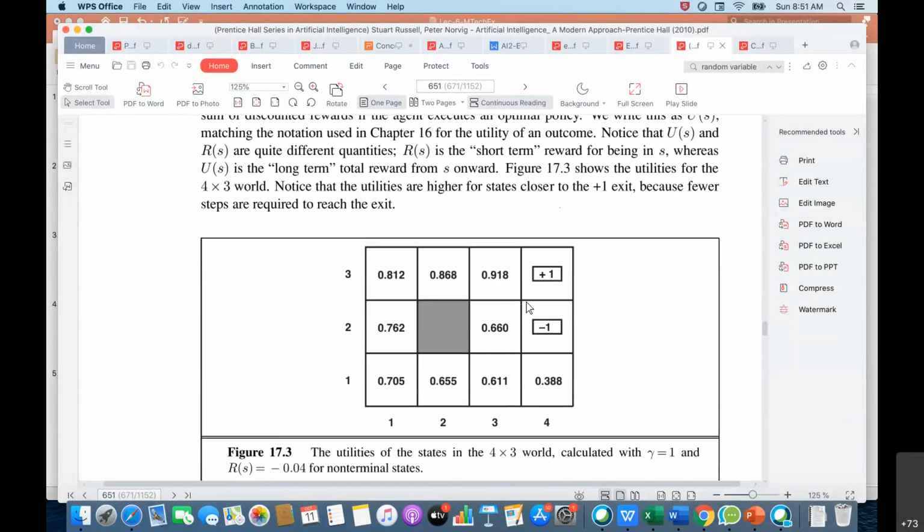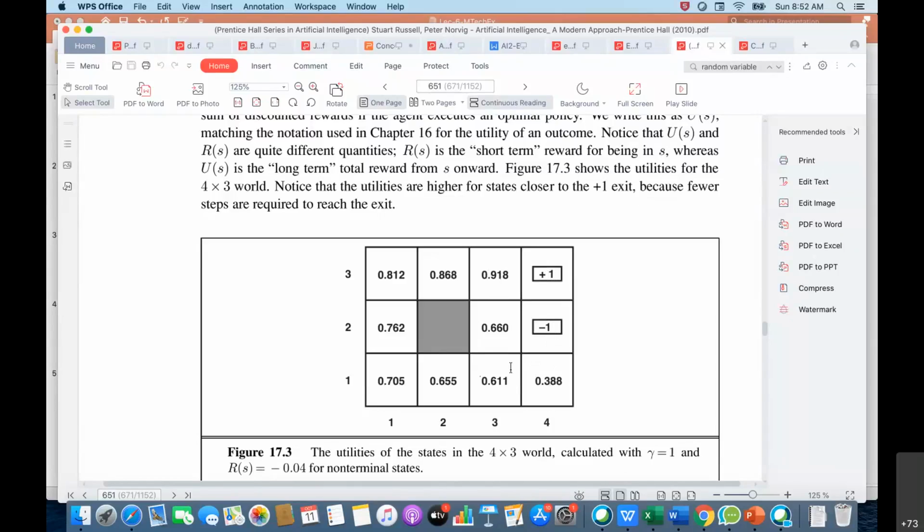The same grid, and you can see that we have assigned some preference or utility values to each of the blocks. The fact to be noted is that here the utility value is maximum, 0.918, because it is close to plus 1, and being in that state, the agent is quite likely to enter plus 1. Whereas the utility value is minimum for this state, since it is very close to minus 1, and it is quite likely that the agent may end up in minus 1.